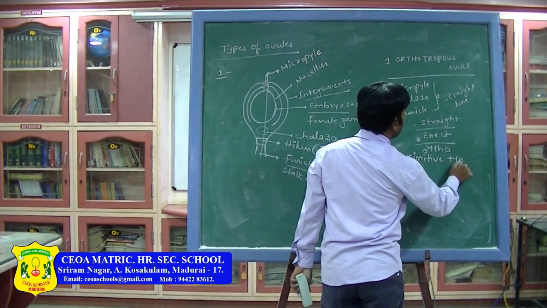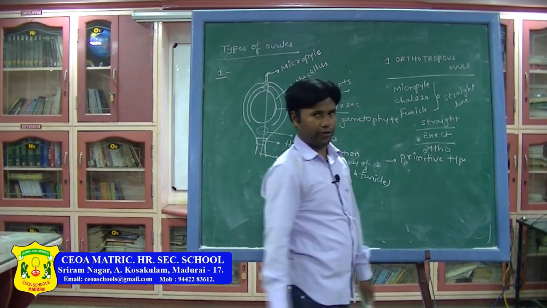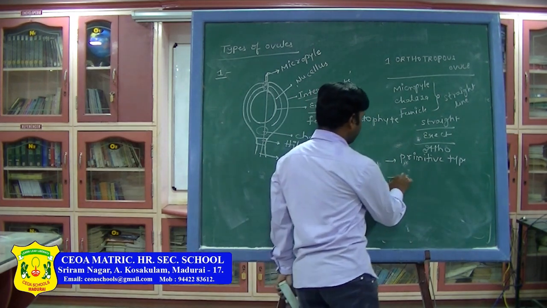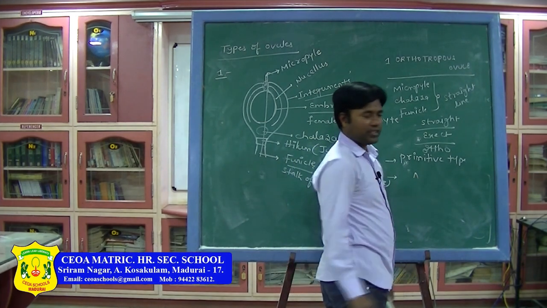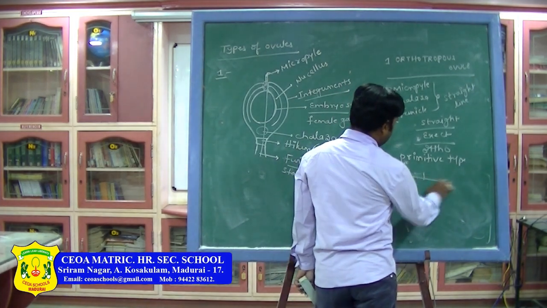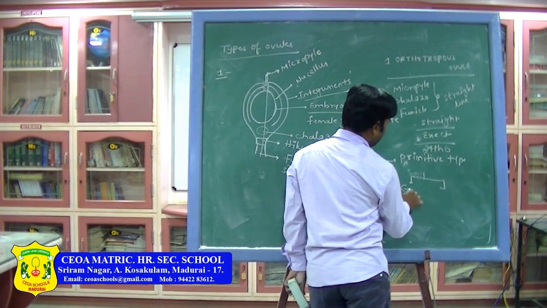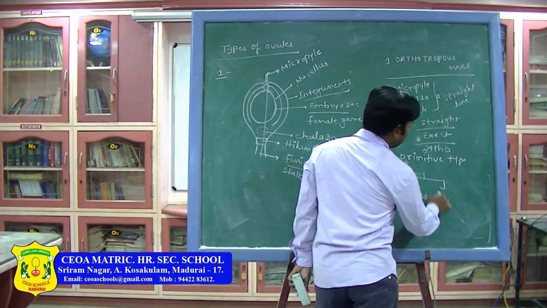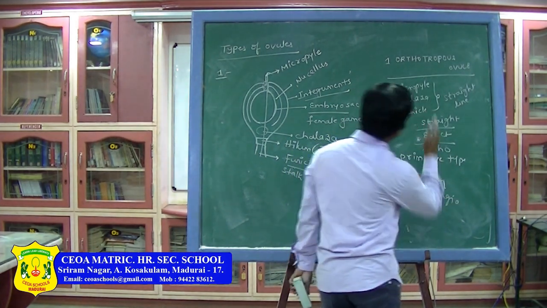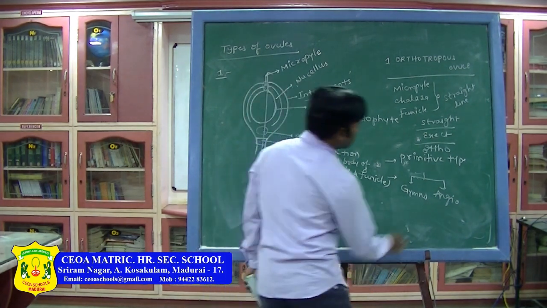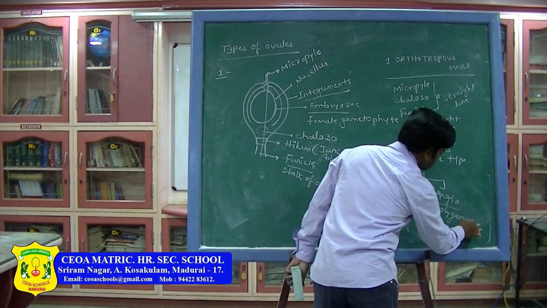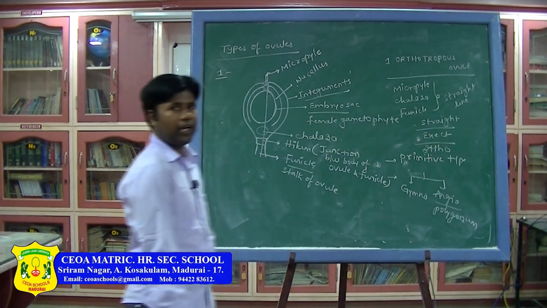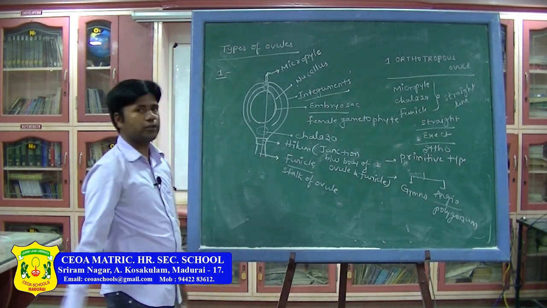Both angiosperms and gymnosperms, we can see this type of ovule. In angiosperms, especially Polygonum. This is the orthotropous ovule.